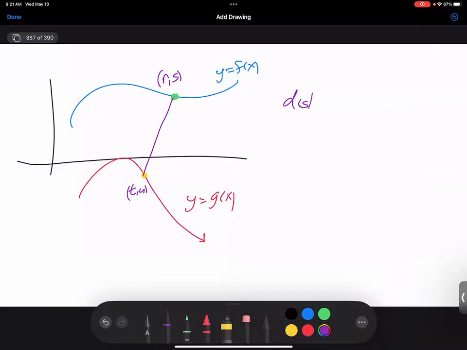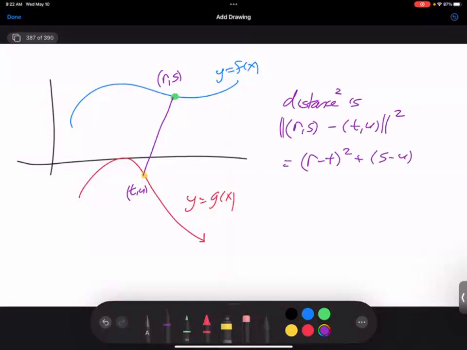Then the distance squared is going to be R minus T squared plus S minus U squared. So this is a function of 4 variables, R, T, S, and U.